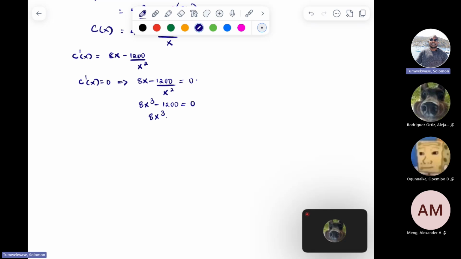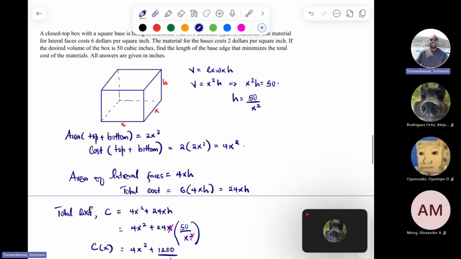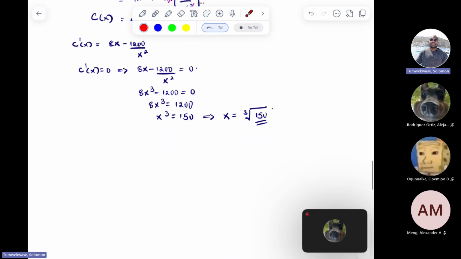So 8x cubed is equal to 1,200, and x cubed is equal to 150. Therefore, my x is the cube root of 150, and that is basically what they are asking for.